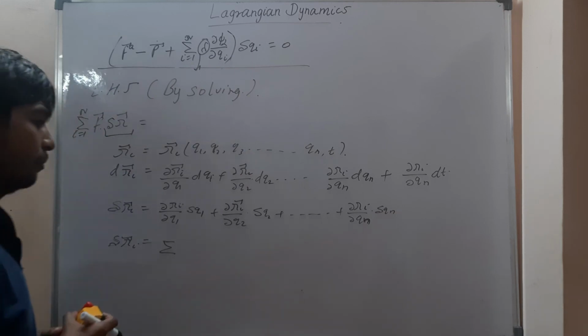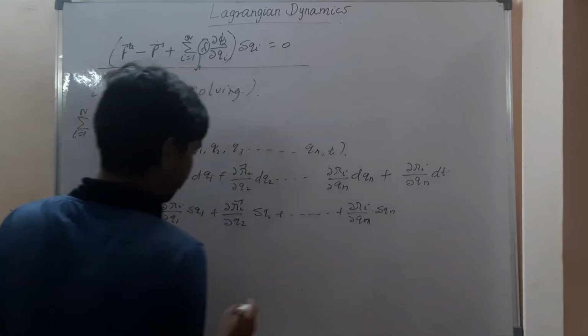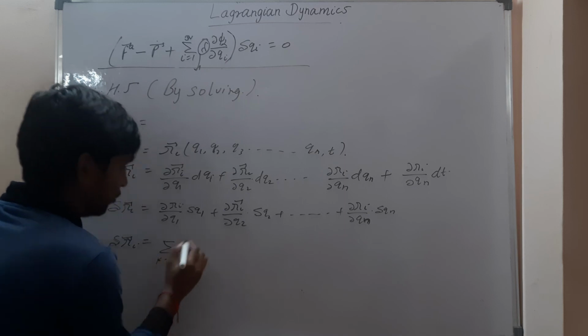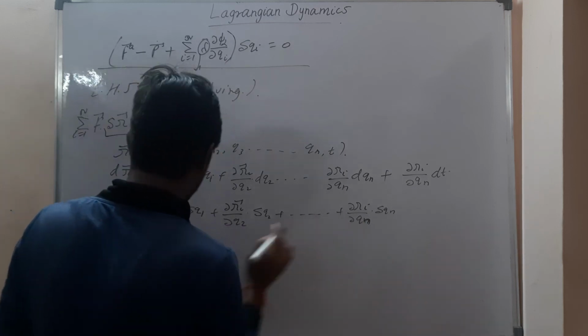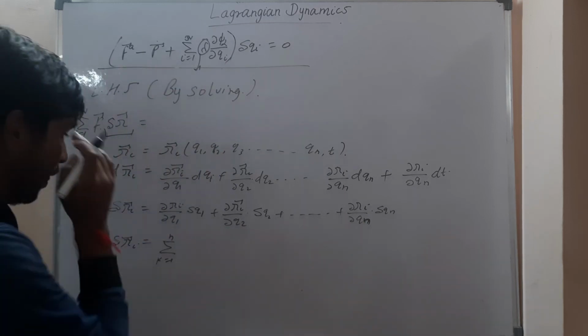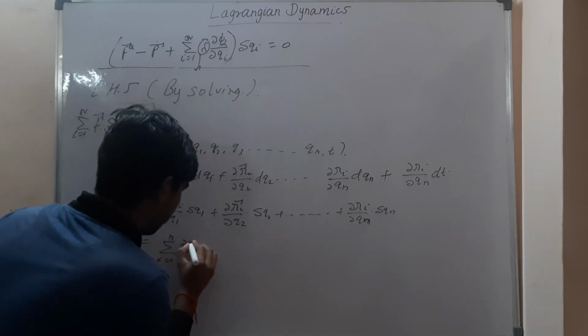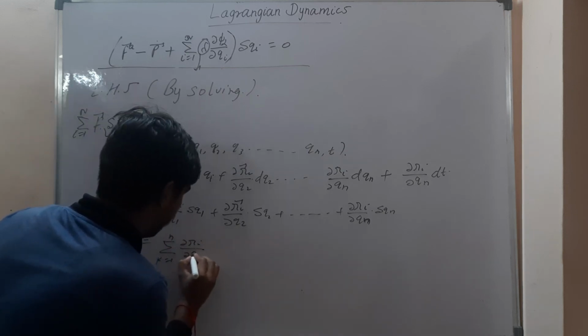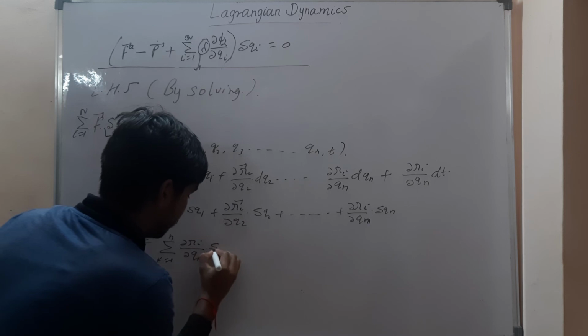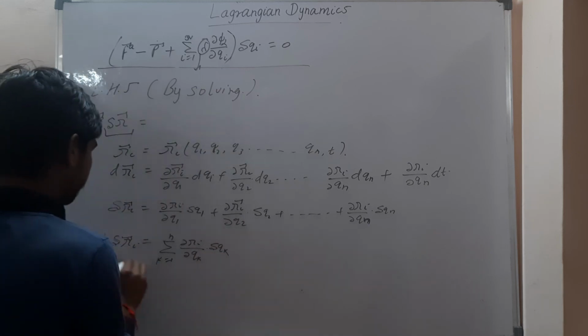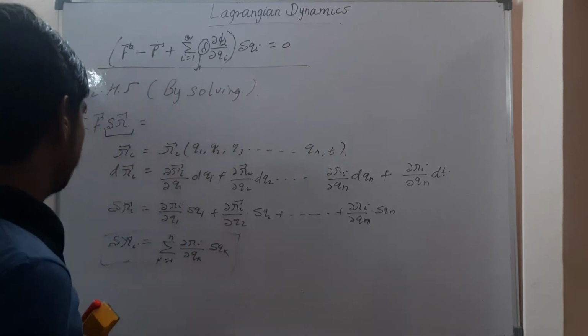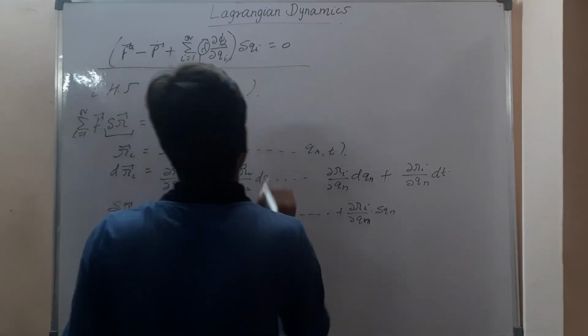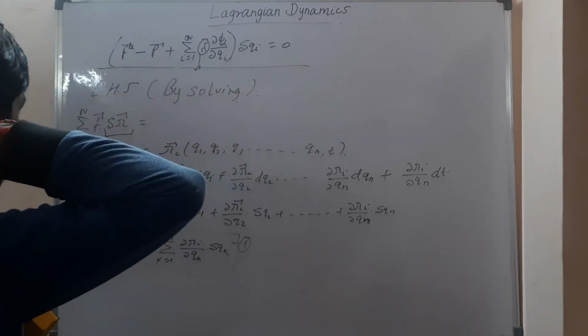So I will make this a function with k equal to 1 to n, and for the ith particle it will be qk. Now I will keep this value to equation number, where it is here.